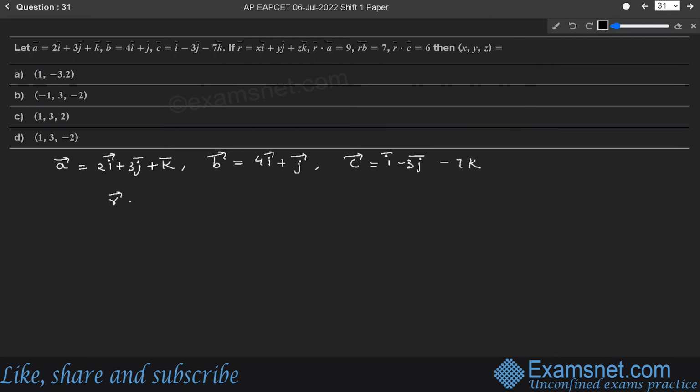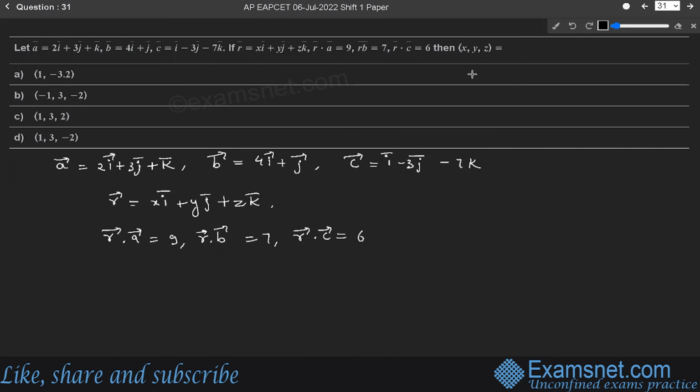If R vector is equal to xi plus yj plus zk, and R vector dot A vector is equal to 9, R vector dot B vector is equal to 7, and R vector dot C vector is equal to 6, then x, y and z are.